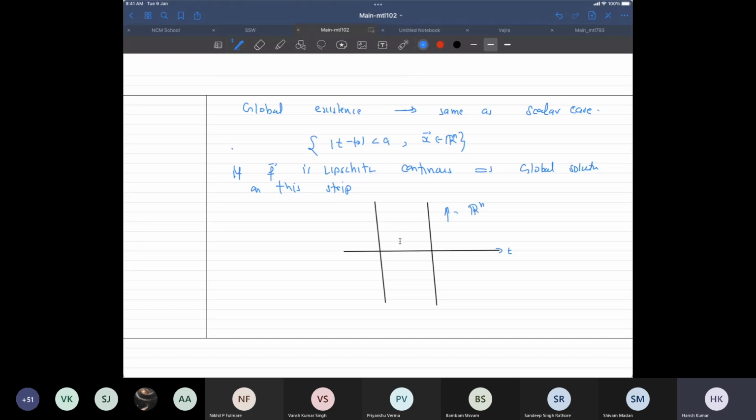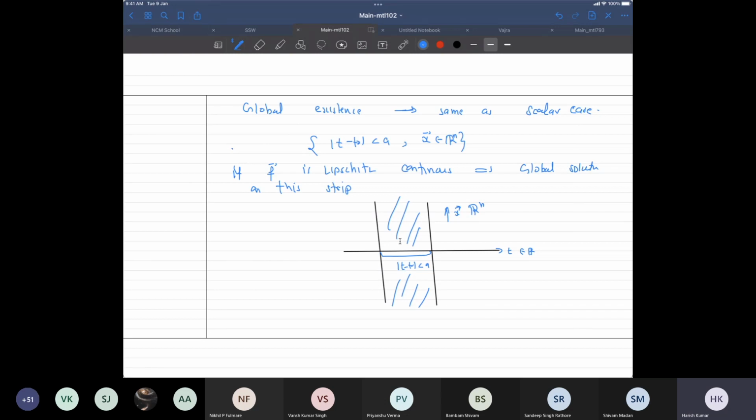So this is x direction basically, but I'm writing Rn. This is R. So this is t minus t naught less than a, and then the remaining part is this. Okay, so that's why we call it strip.